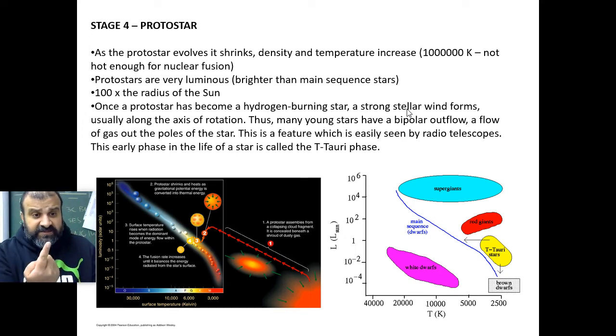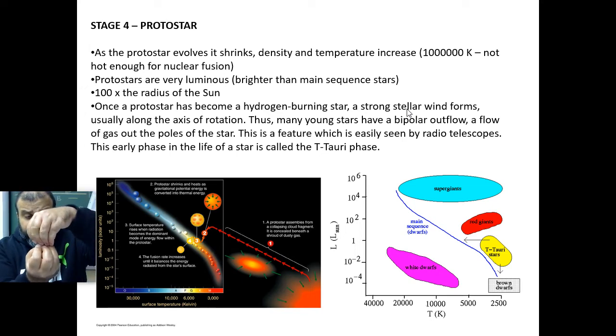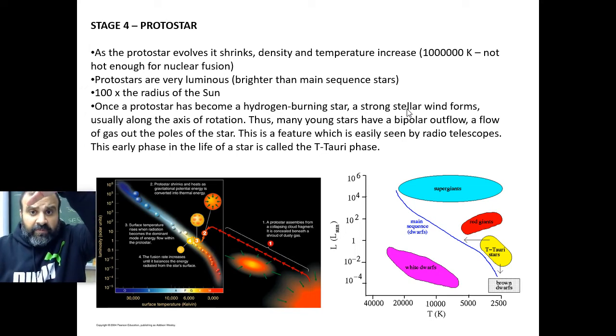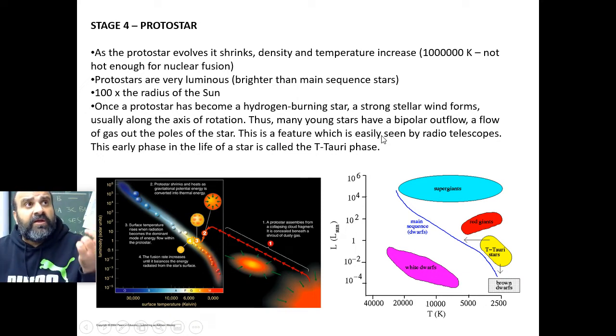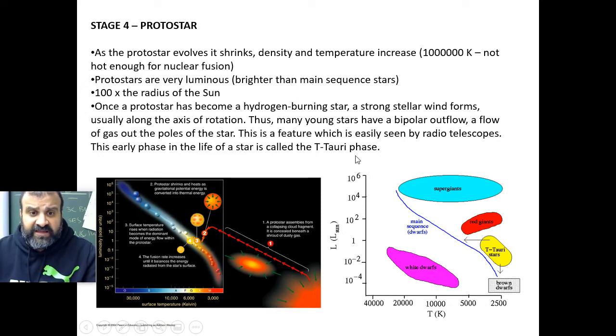Around it is a disk, but out of the star, from the top and bottom, there will be outflows of the stellar wind, right? So it'll be charged particles flowing out at tremendous velocity. Okay, so we've seen evidence of this phase where we have these jets coming out of the protostar, and this phase of the star's life is known as the T Tauri phase.